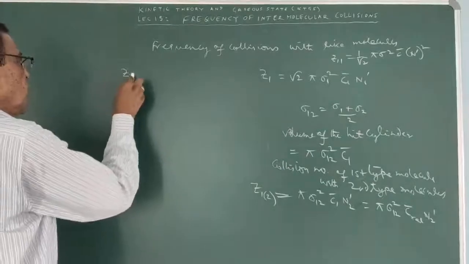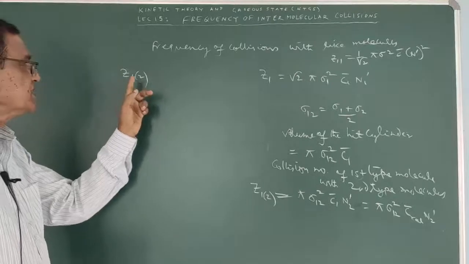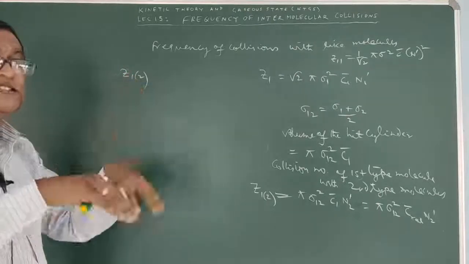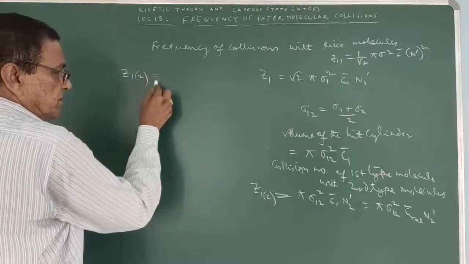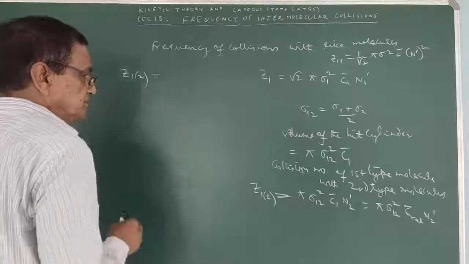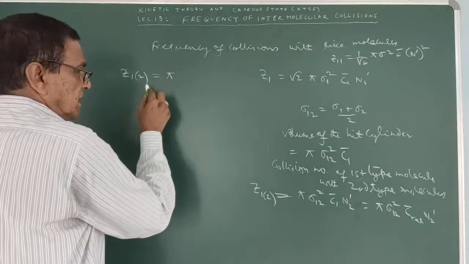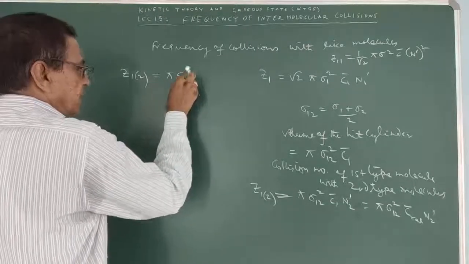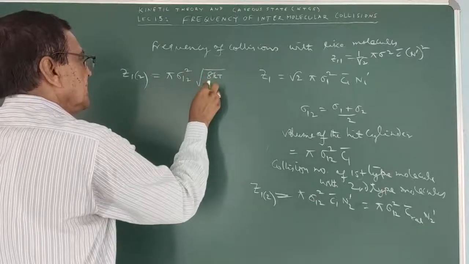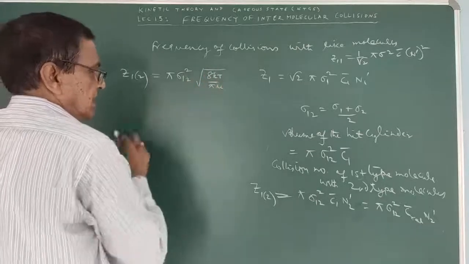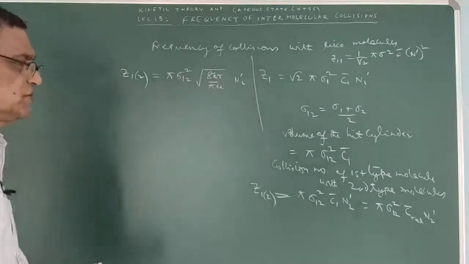So Z12 is the number of collisions made by a single molecule of the first type with molecules of the second type, and this is equal to pi sigma 12 square times root over 8kT by pi mu, times n2 dash.